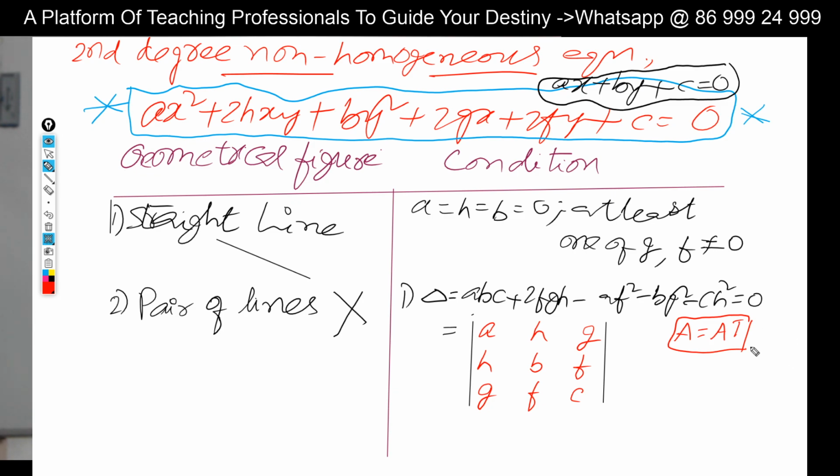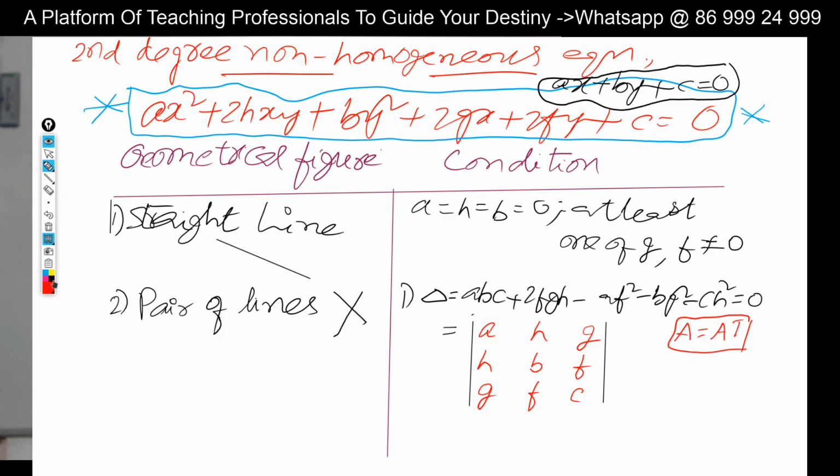So this is delta. Delta is very important in geometry. As far as the second degree non-homogeneous equation is concerned, you have to remember this. Now this is the first condition to represent a pair of lines.